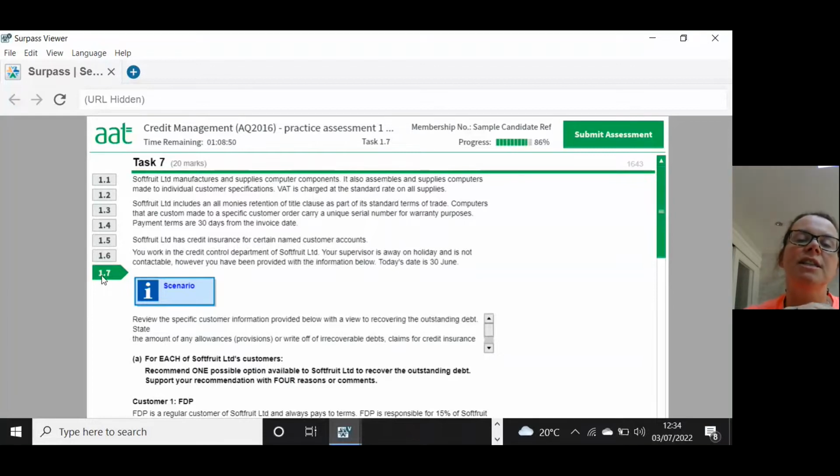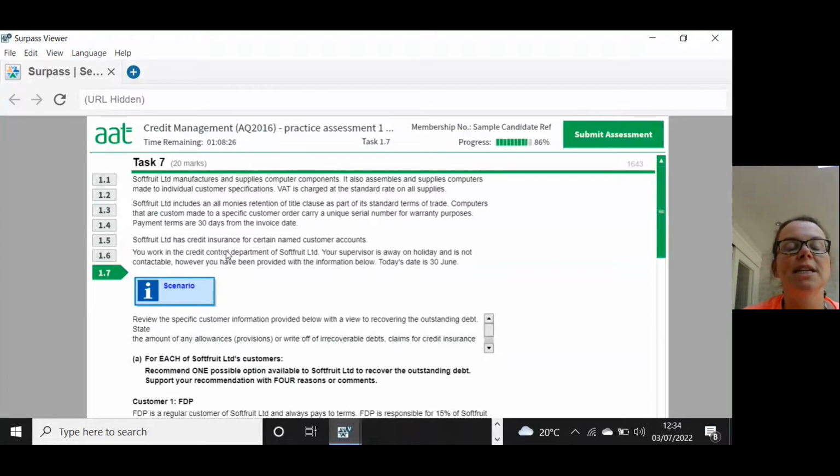VAT is charged at the standard rate on all supplies. Soft Fruit Limited includes all monies retention of title clause as part of its standard terms of trade. Computers that are custom made to a specific customer order carry a unique serial number for warranty purposes. Payment terms are 30 days.